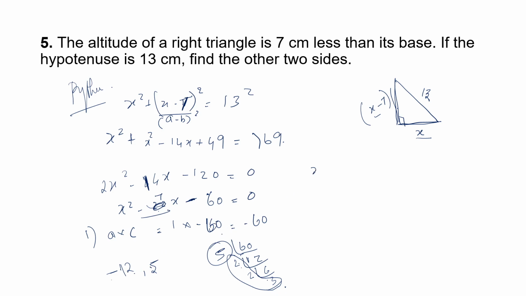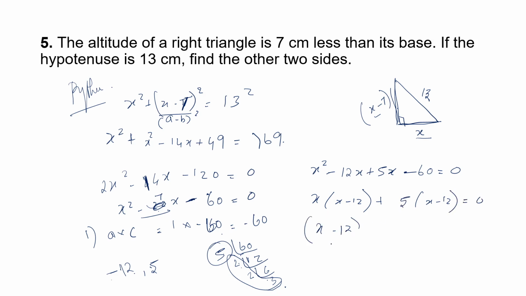So x square minus 12x plus 5x minus 60 equal to 0, okay. So x into (x minus 12) plus 5 into (x minus 12). X minus 12 is common, so I'll take x plus 5 here.